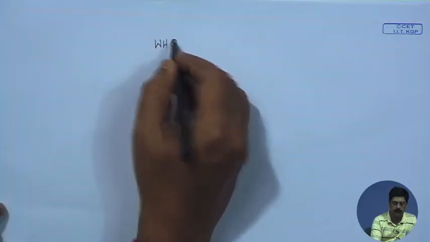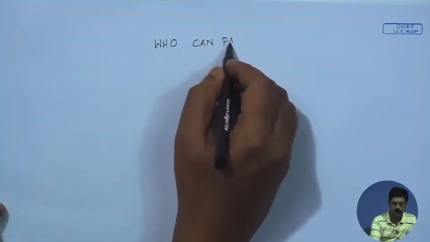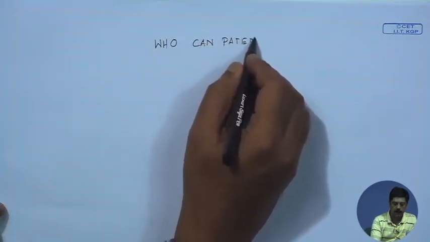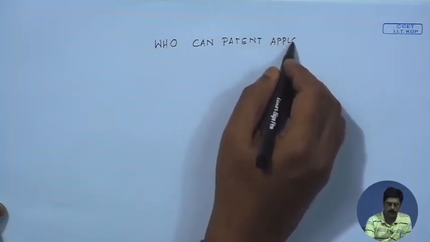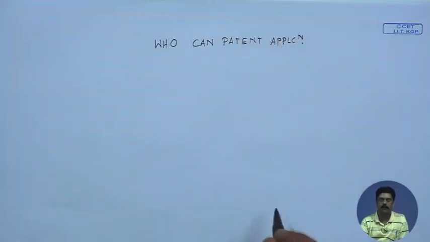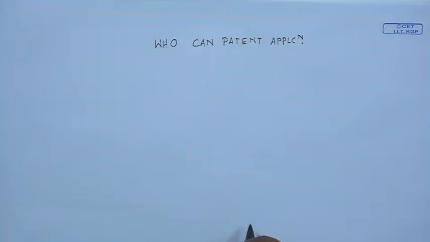Last week you already came to know the criteria required for patent applications, what an invention is, and what is not patentable. Now I am considering that you have generated a patentable invention.